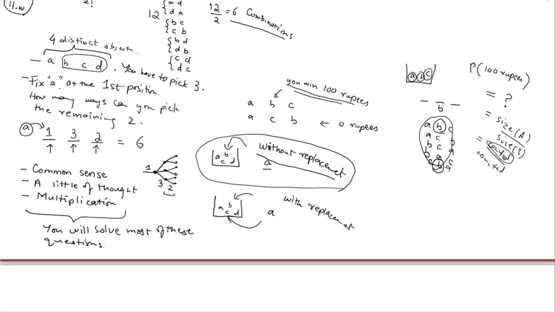So really the question was only, how many ways can you pick the remaining 2? So really the question was from 3 objects, because A was chosen, so the 3 objects are B, C, and D. In how many ways can you pick 2? Really, this was the question.